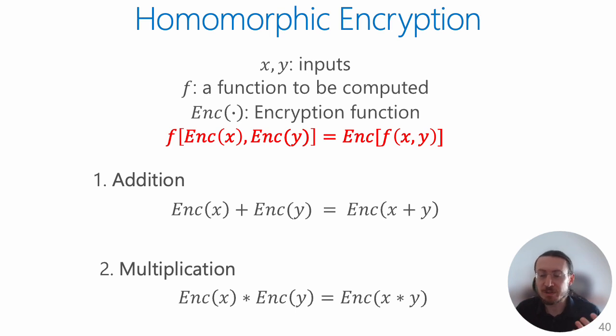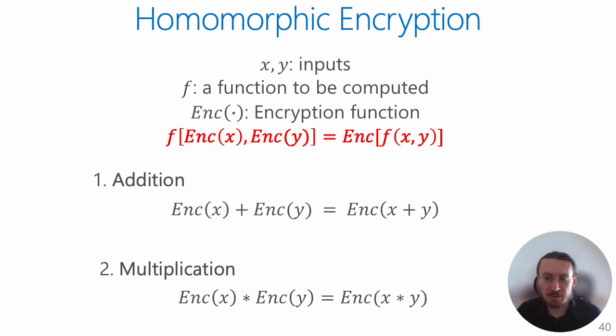So in words, what's happening here is that we encrypt input values x and y and then compute the function f. It is equivalent to computing the function f on x and y and then encrypting the output.